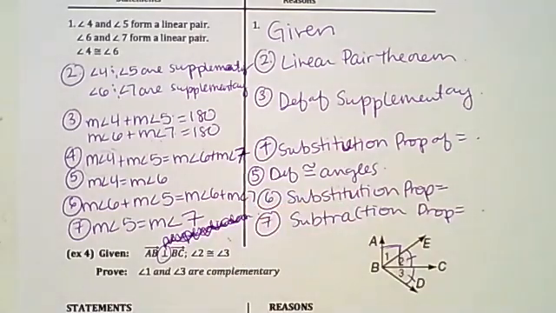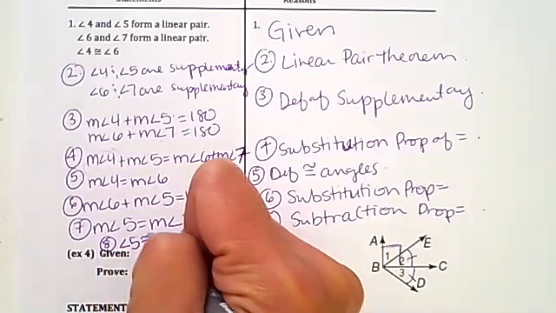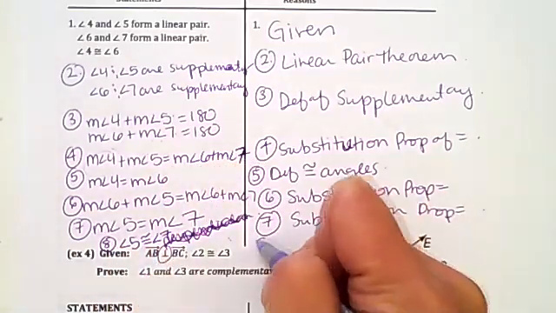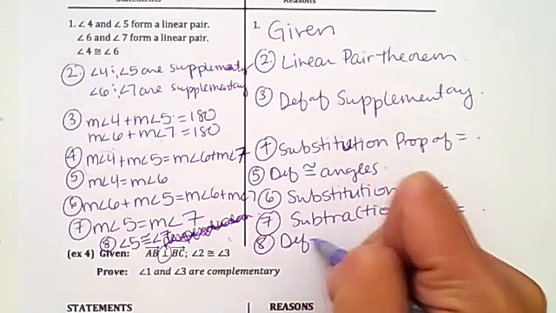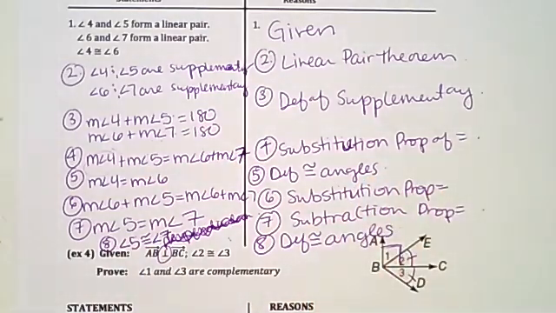Okay, I've got to get the white out. Now for step 8, I'll squeeze it in here, is the final step: angle 5 is congruent to angle 7, and that's definition of congruent angles. And so that's that. I'm going to make this a little neater with my white out.